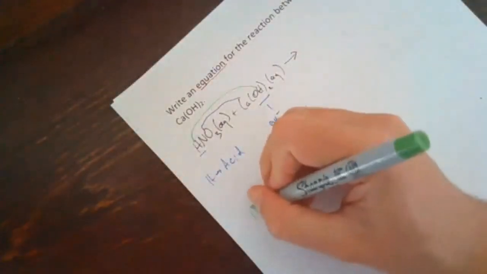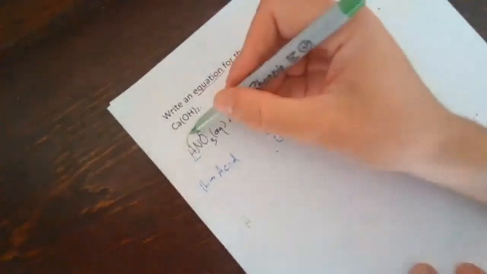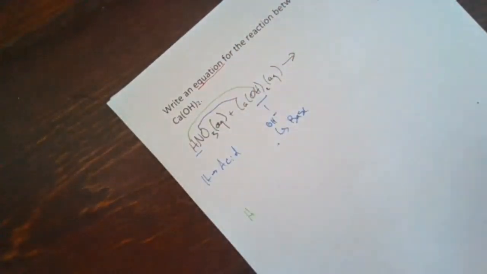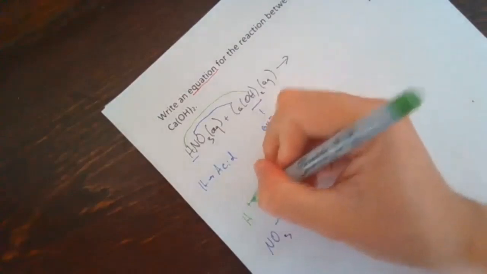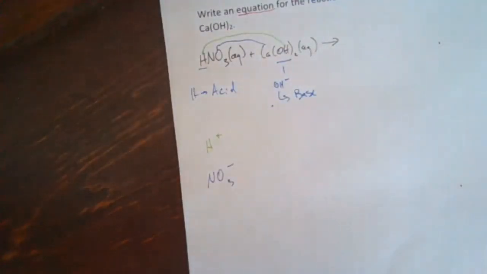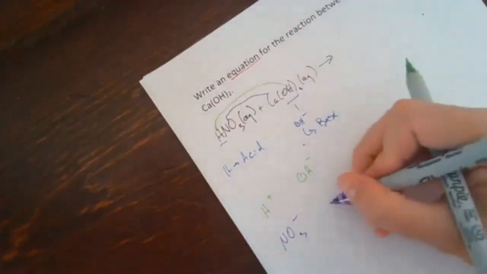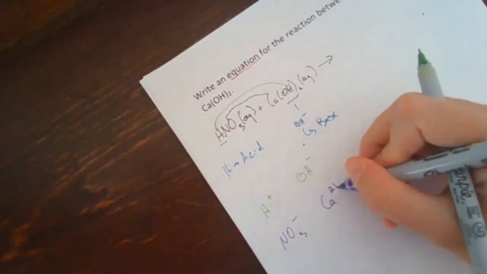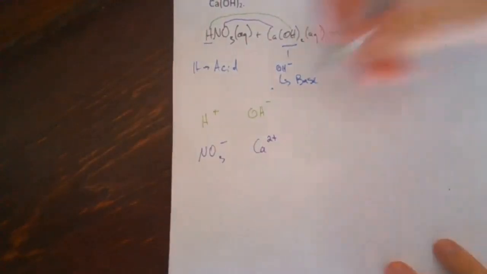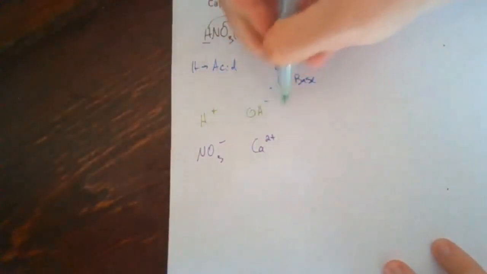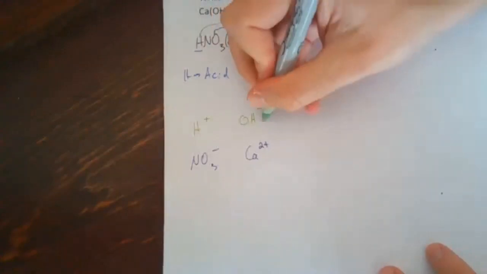We'd say we get H, which, if we think about this, the NO3 becomes NO3- and the H becomes H+ because it's an acid. Over here we have OH-, and here we have the Ca2+. These are ionic, so we could think about swapping them, but the one thing we want to key in on is right there: I have H plus and OH minus.